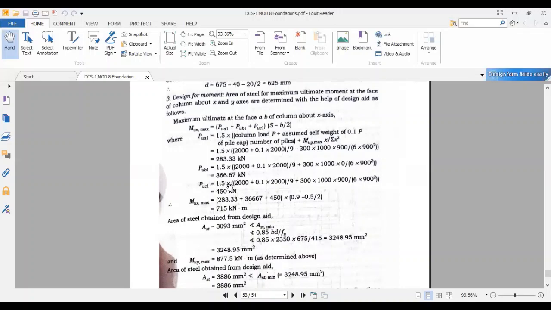Next is PUC1. So this becomes 1.5 into 2000 plus 0.1 into 2000 divided by 9 plus 300 into 1000 into 900 divided by 6 into 900 square. So we get this value as 450 kilonewton.